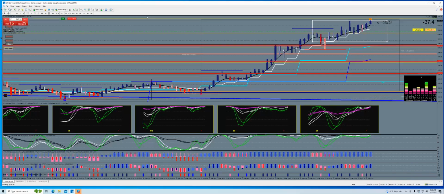Let's see if it comes back into the range. Still stop hunting.